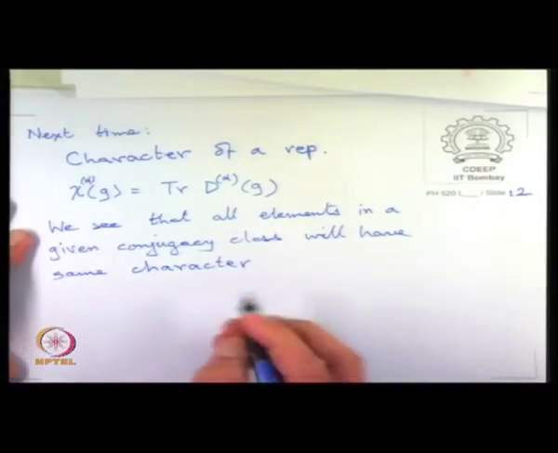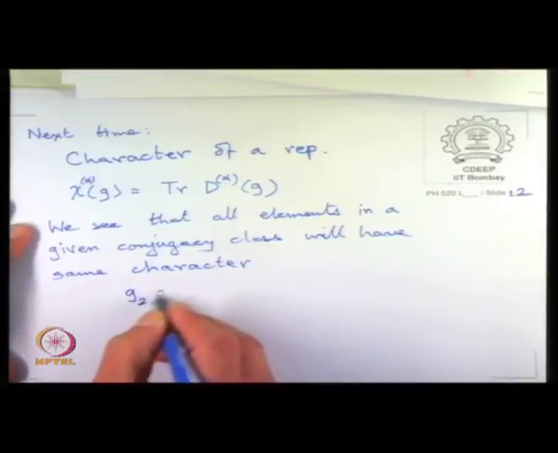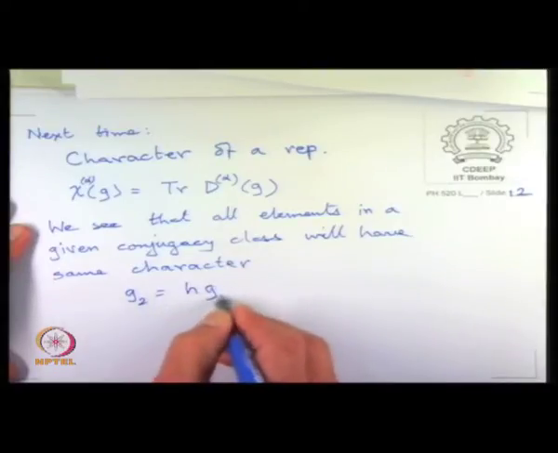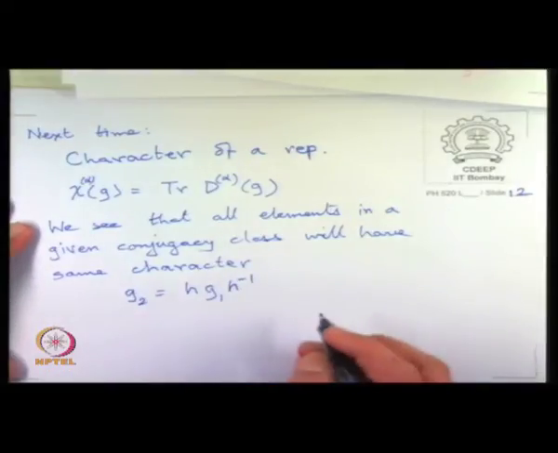This is because the conjugacy relation was that G2 is equal to some H G1 H inverse, then G1 and G2 are in the same conjugacy class.